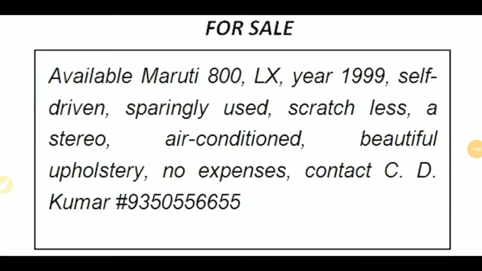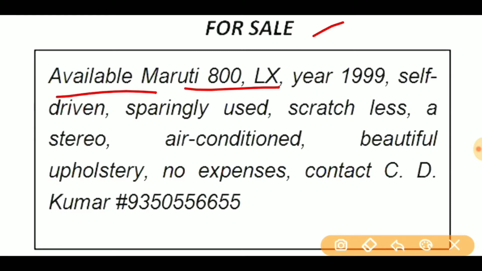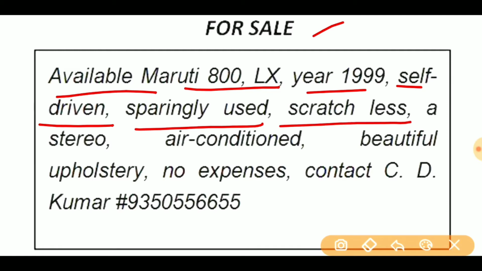The car Maruti 800 is for sale. So this advertisement has been prepared. The title will be "For Sale". Now here we will give the description. Available: Maruti 800 LX, year 99 model, self-driven, sparingly used, scratchless, stereo, air-conditioned, beautiful upholstery, no expenses.